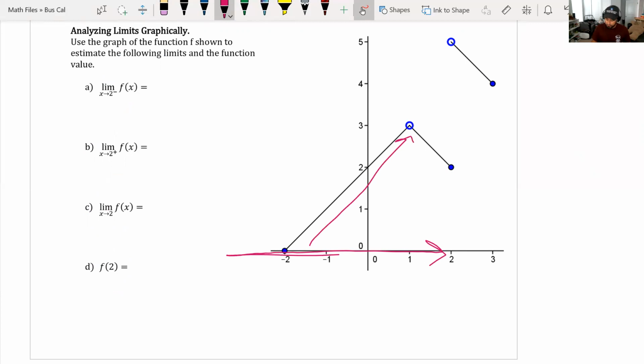So as x approaches 2, y slowly starts to approach 3. Not 3. Oh, I'm way off. My bad. Oops, wrong one. Y starts to approach 2. There you go. I was looking at 1. My bad. So it's reverse.